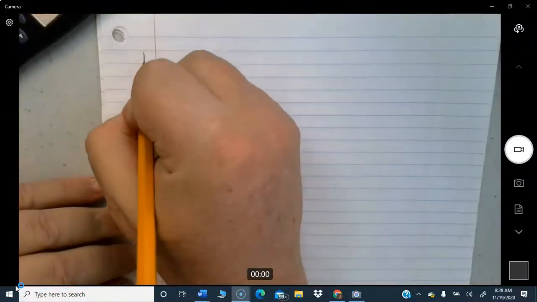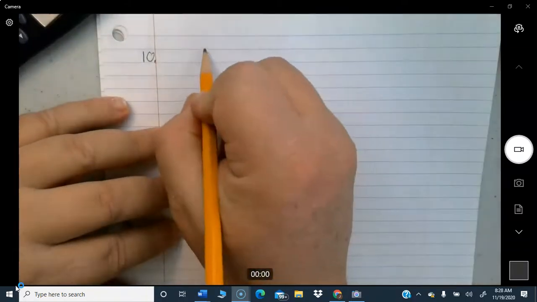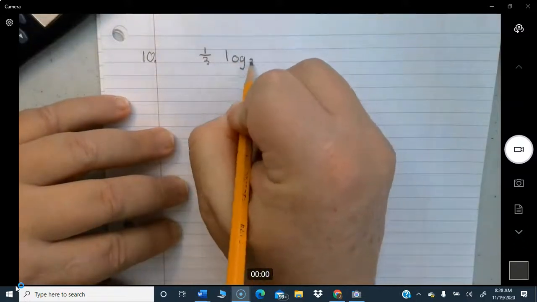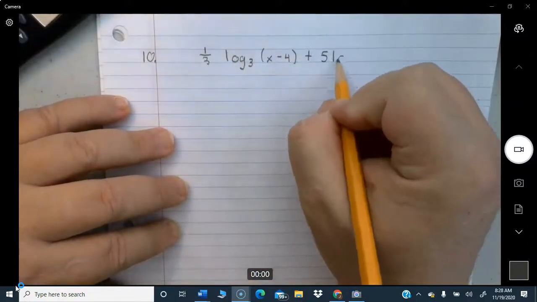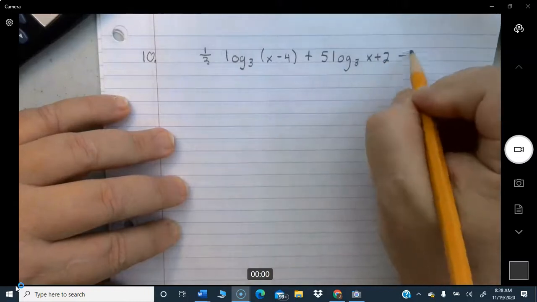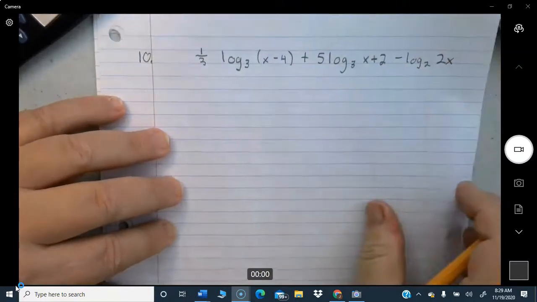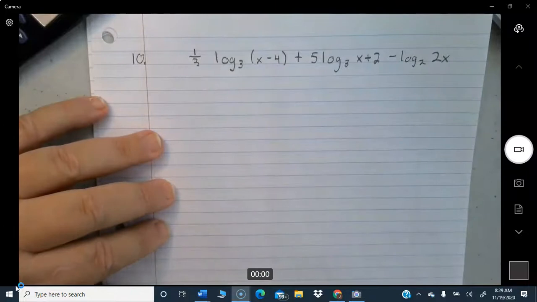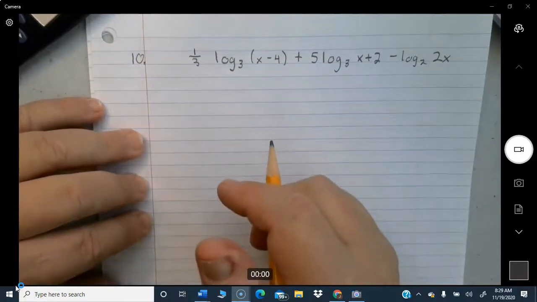Do number 10. And 10 is going to be going in the other direction. It's going to be into a single log. So it's going to look something like this. Okay, so you're going to take this and go backwards, do the opposite of what we did on the last problem.